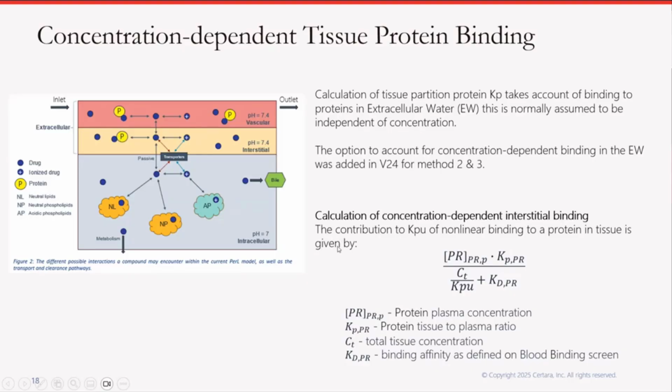It uses the same KD that's used on the PhysChem screen for the plasma binding, but you need to know the protein plasma concentration, and for all the tissues you need to know the protein tissue to plasma ratio.